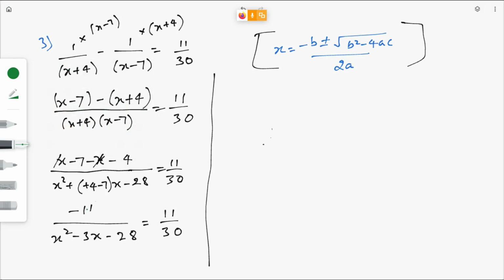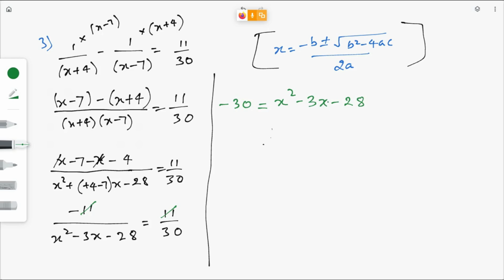Okay, again this 11 and this 11 will cancel out, right? Then take the cross multiplication, take this denominator here and then this one here. So you will get minus 30 is equal to x square minus 3x minus 28, right?